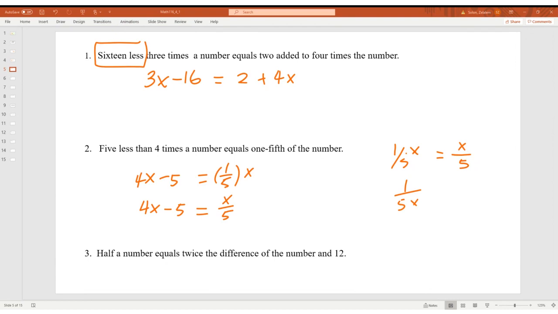Yeah, it is 1 times x. It becomes x over 5. So technically we can replace 1 by 5, and sorry, by x. 1 times x is x over 5. So 1/5 x is the same as x over 5.